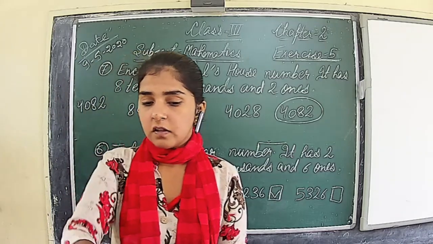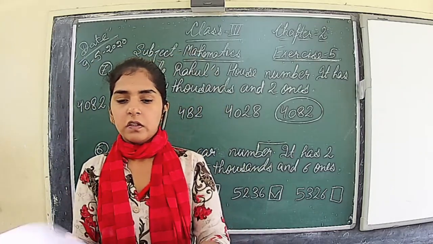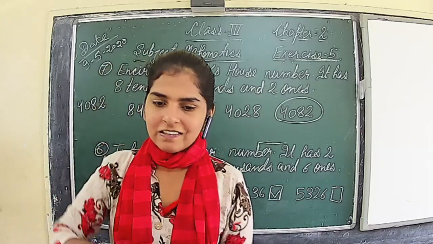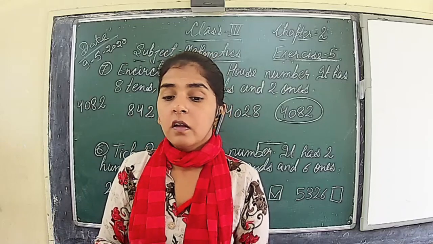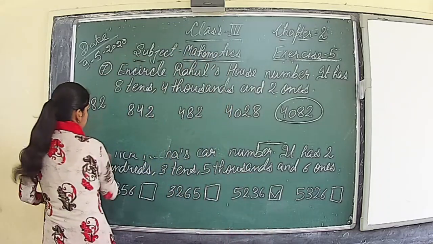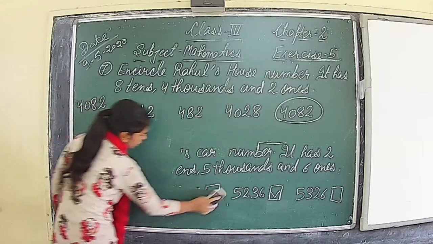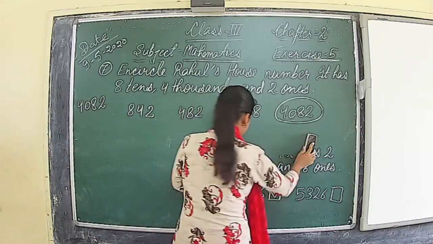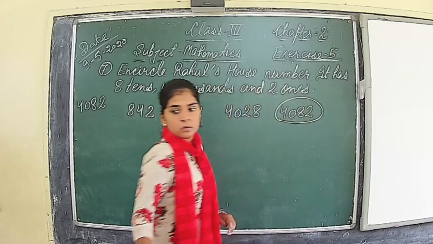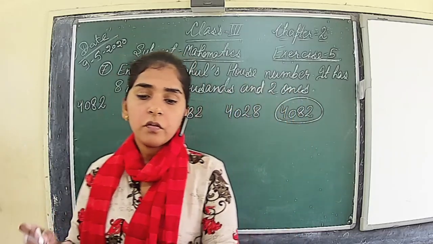After that, we will start our exercise number 6. So what is there in this exercise? No, sorry. One question is left. I forgot about this. Question number 8. Which of the following statements are correct?